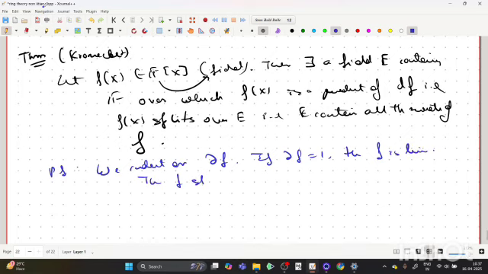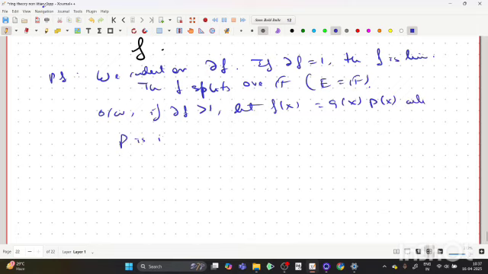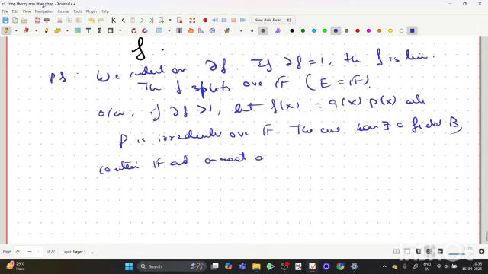Then f splits over F itself, so I can choose E to be just F. Otherwise, if the degree is greater than 1, let f(x) be written as g(x) times p(x), where p is irreducible over F. Then we know from the previous theorem there exists a field B containing F and a root of p(x), say theta. So p(x) can be written as (x minus theta) times some polynomial h(x) in B[x].